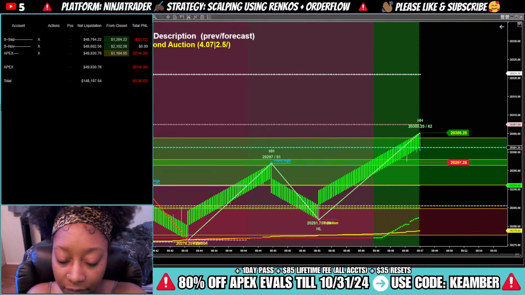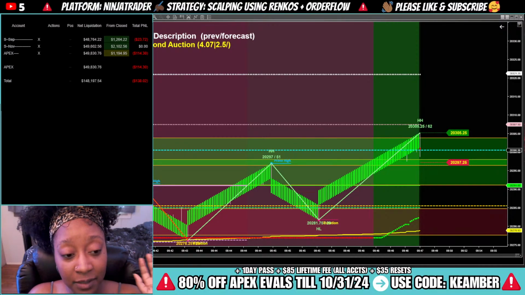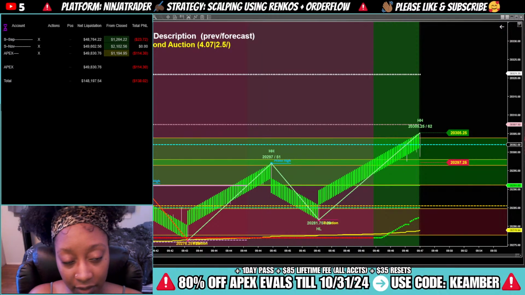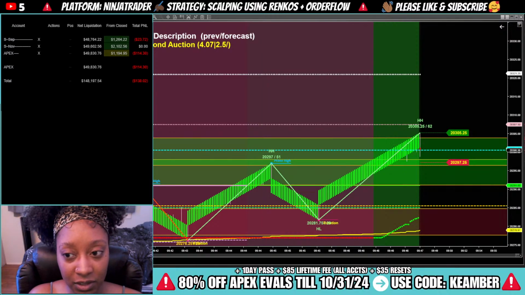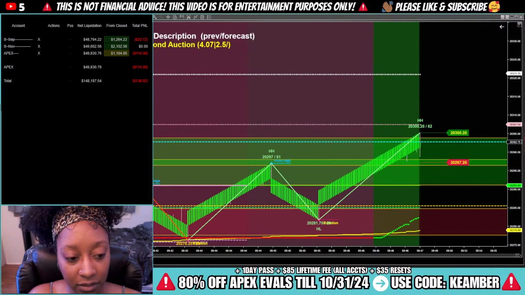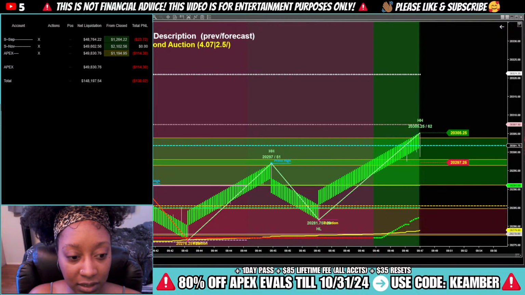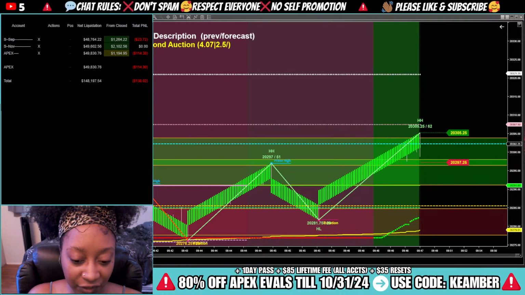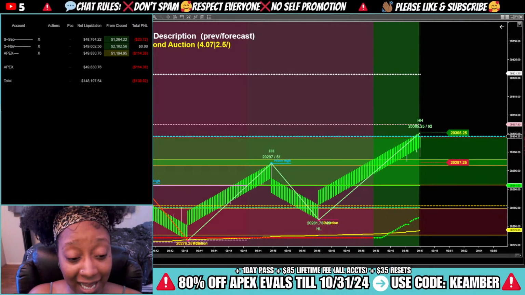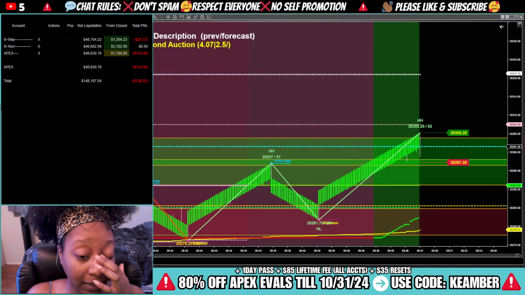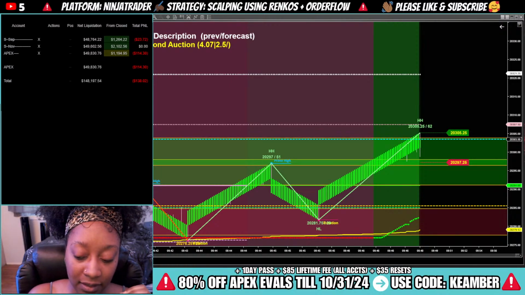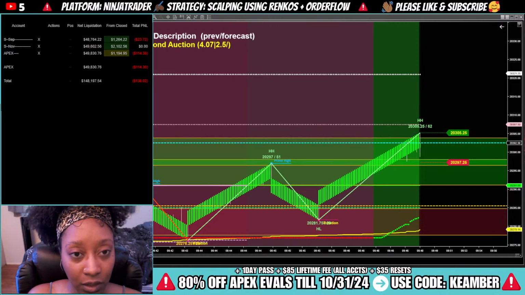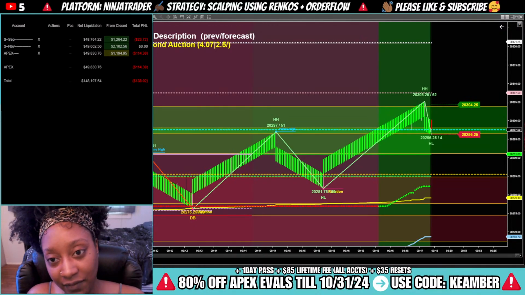But yeah, this is why I like Renkos. Even though it takes some time to get used to and develop a strategy for it, this is why I like it, because you can see direction so well. Now, I don't personally like using the huge Renko sizes, because when I first started YouTube, I was telling you guys that the reason I prefer scalping is because the Nasdaq can be so erratic, and you have such differences between the low volume and volatility days versus the high volume and volatility days.